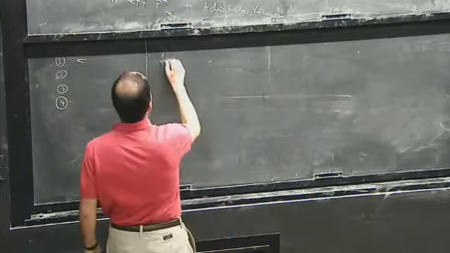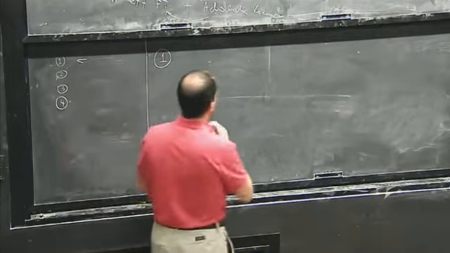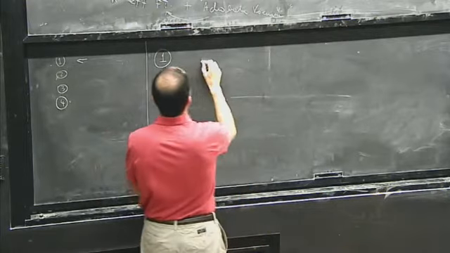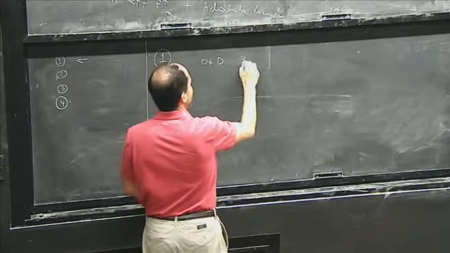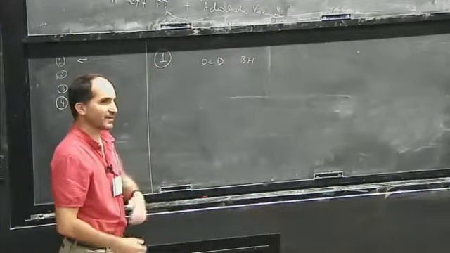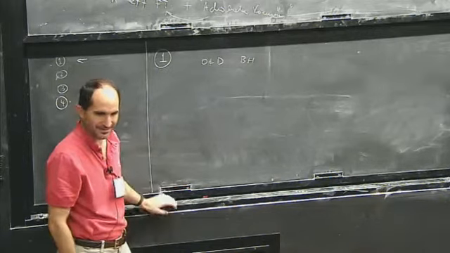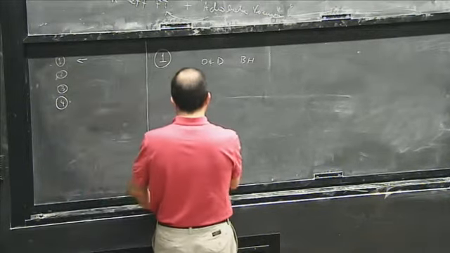So first, the firewall paradox. Here, you imagine an old black hole. An old black hole is a black hole that has existed for a long time and evaporated for a very long time in such a way that it's maximally entangled with its outgoing radiation. So you form your black hole.